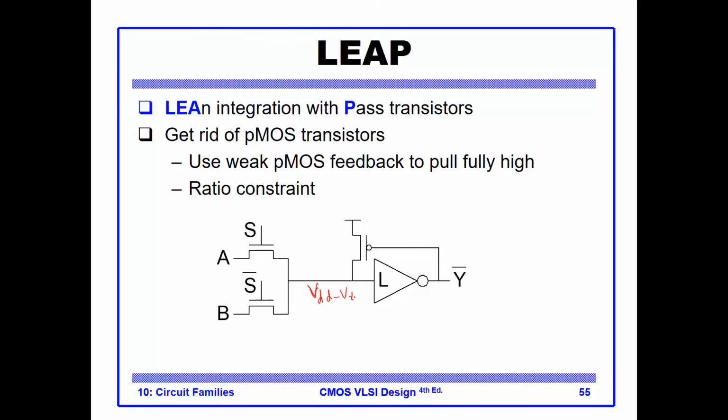A fix for that is to have this weak pull-up, and this is an inverter which activates this pull-up. So if we have here a VDD, this will be 0, this will turn this on, and then we will charge this node all the way up to VDD.